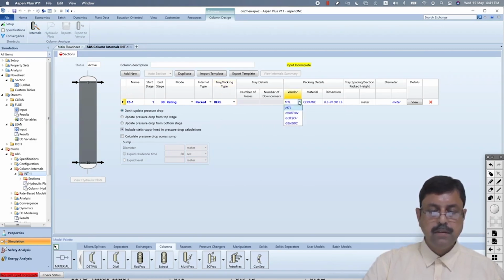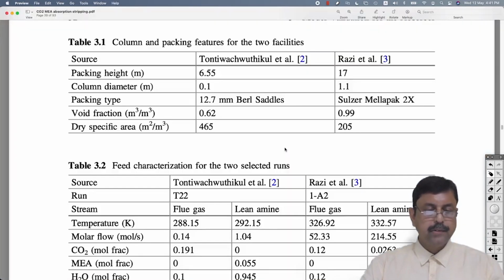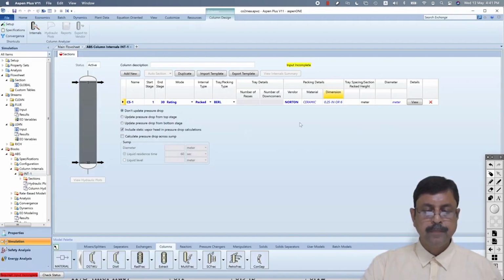There are many vendors, and they have different dimensions, but we have to choose a dimension which gives 12.7, because it has been said 12.7 millimeter barrel saddles.